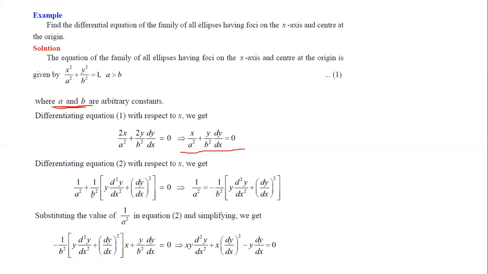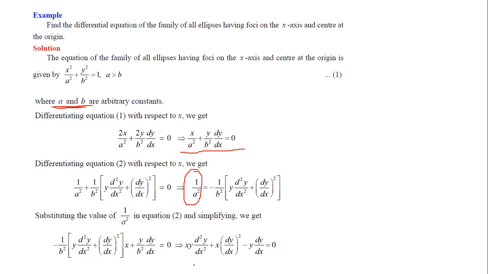If you differentiate one more time by using the UV method, then you will get 1 by a square plus 1 by b square (y d square y by dx square plus (dy by dx) whole square) equal to 0. So 1 by a square we are able to write as minus 1 by b square (y d square y by dx square plus (dy by dx) whole square).